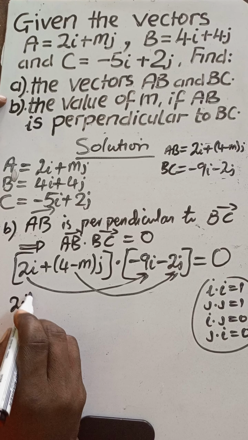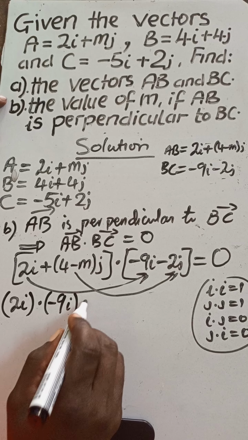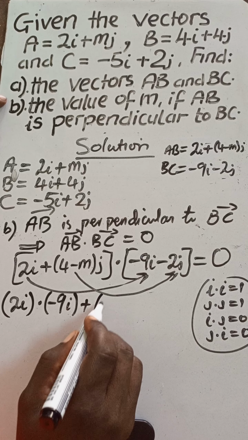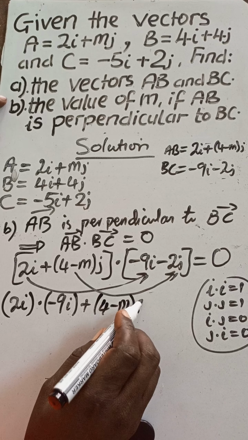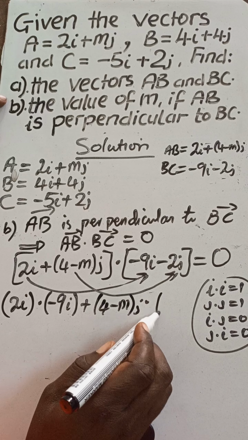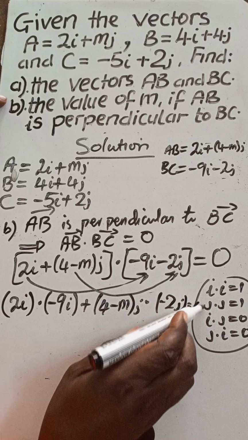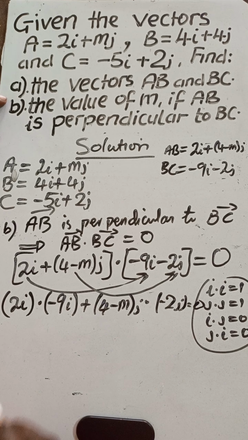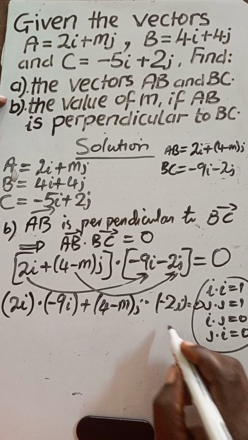So we'll say 2i dot negative 9i plus 4 minus mj dot negative 2j. We expect that result to be 0.